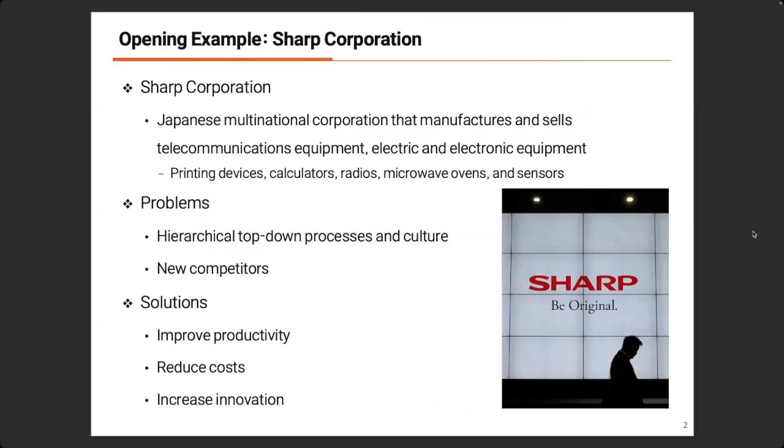They had hierarchical top-down business processes and organizational culture. It means that the orders of managers came down from the top, the management side, down to the lower levels, maybe rank and file employees.